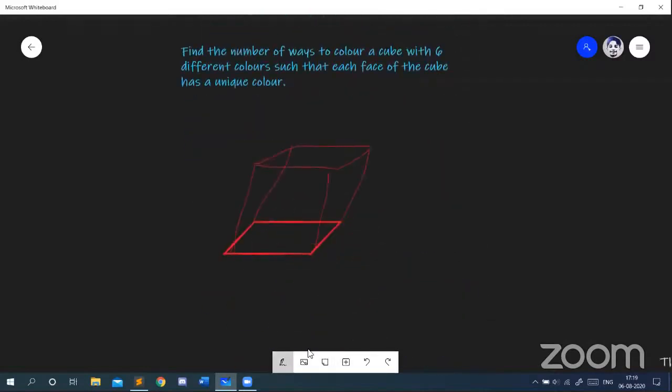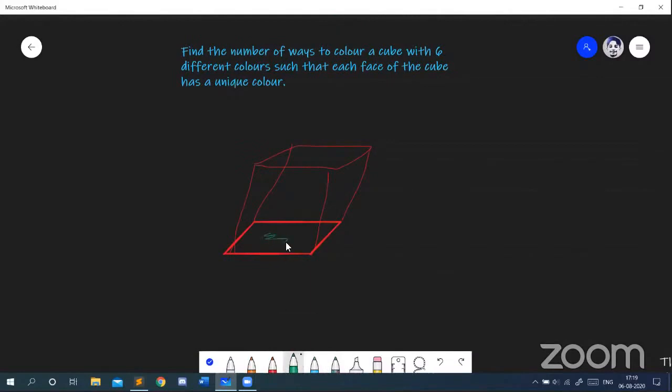In this case, my concern is that if I color this bottom face green, and if I color this left face red, and then if I were to rotate it such that this green face was somewhere here, and this face was somewhere here, if I were to read the diagram, something like, I'm saying that suppose this face is red.